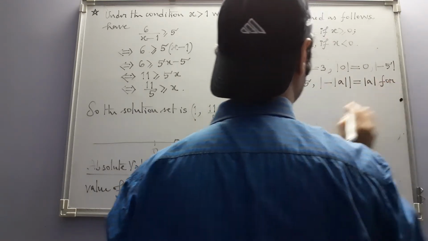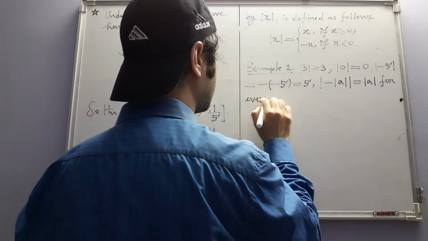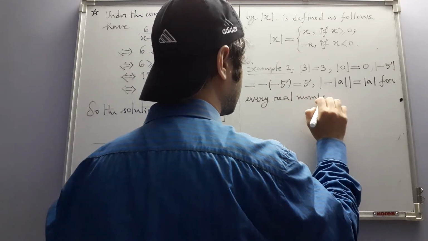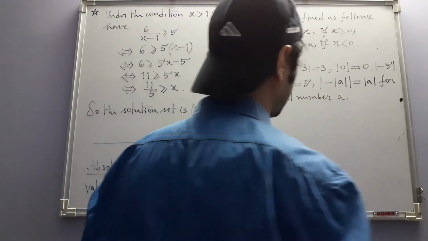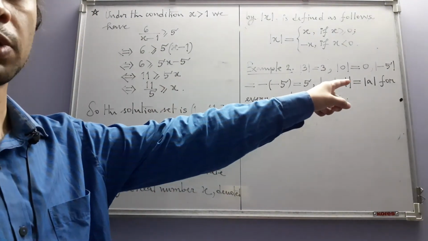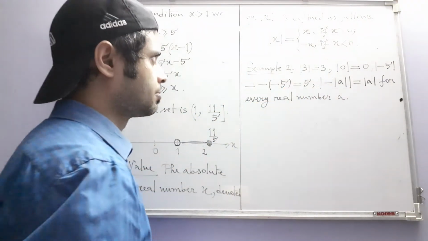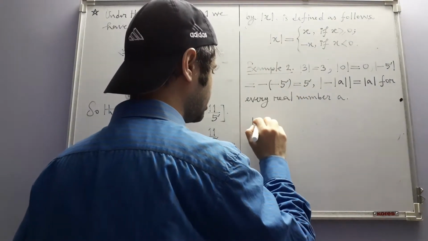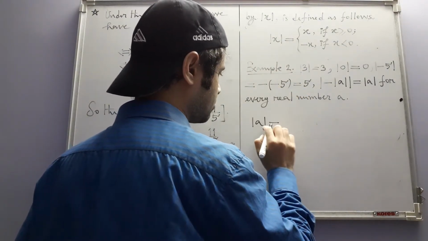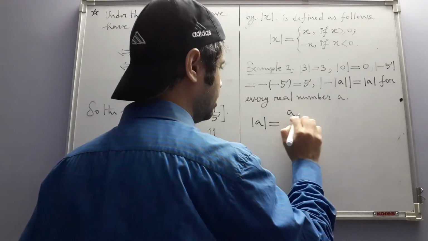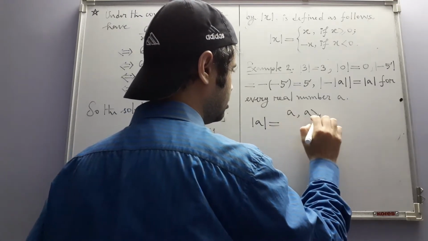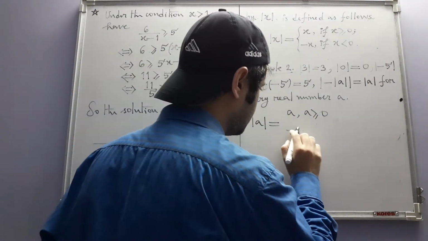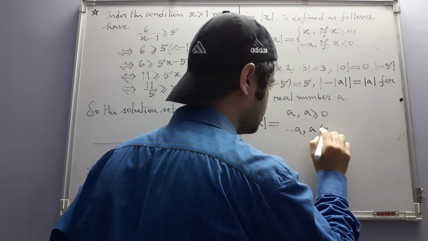For every real number a. But why is the last one true, or how is it true? You notice one thing, the definition of absolute value says that it is a whenever a is greater than or equal to 0 and minus a when a is less than 0.